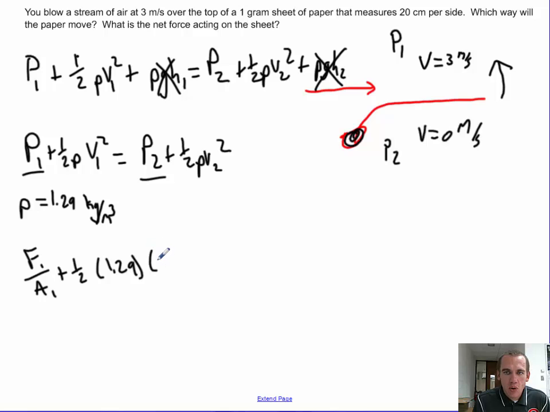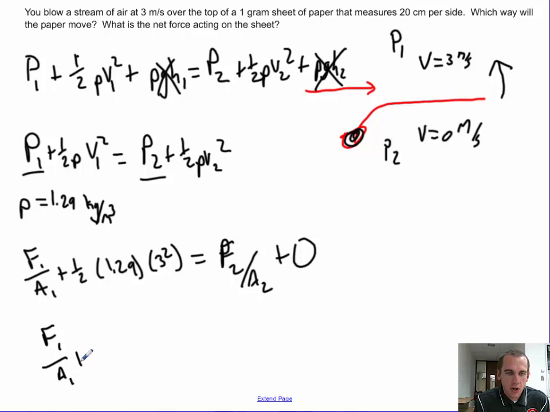V1 I know is 3, and I'm going to square that, equals P2, which I'm going to say is F2 over A2, plus 0, because the velocity down here is 0. Which really means I have F1 over A1 plus 1/2 of 1.29 times 9 equals F2 over A2.